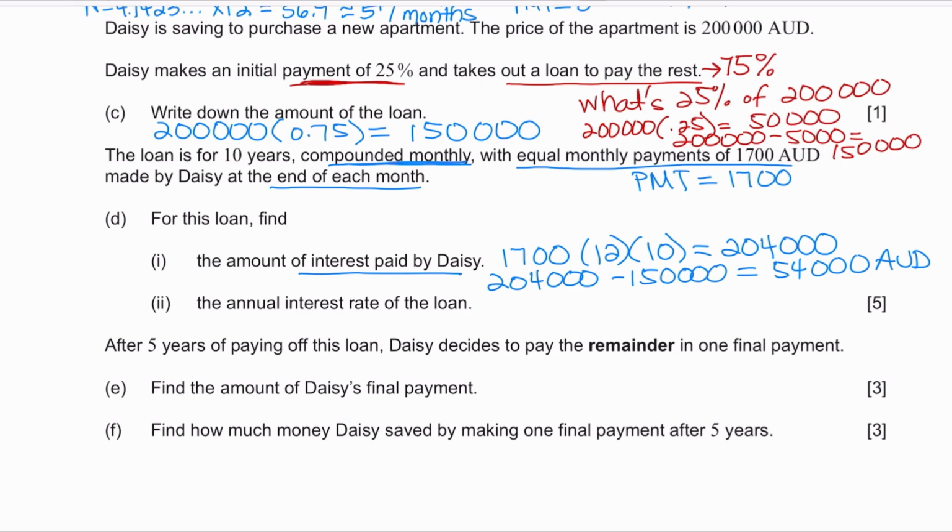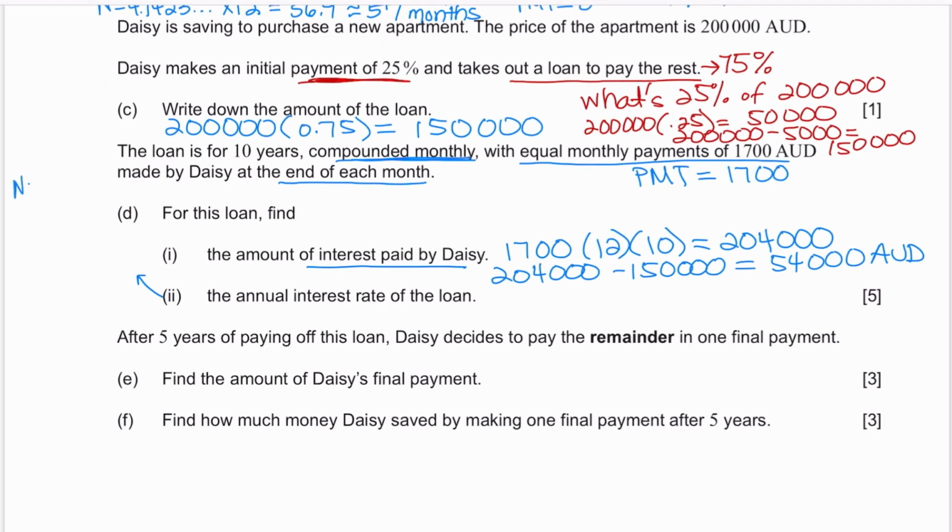So again, we're going to have to go back to the calculator. I'm going to write down what I'm going to enter into the calculator here on the left. N is the number of total payments that you're making. So in this case, you're making monthly payments for 10 years. So that is 10 years times 12, which is 120.